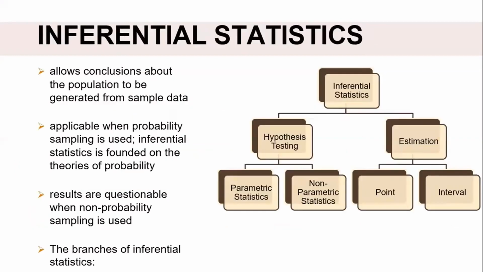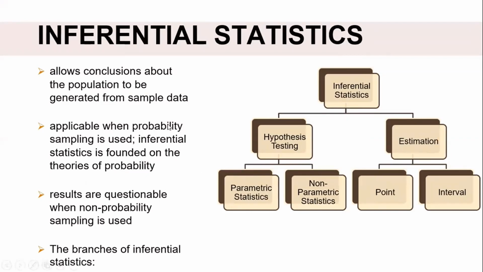What possible inferences, what possible generalizations could be formed out of the data that we have? Speaking about inferential statistics, it allows conclusions about the population to be generated from sample data. It is applicable when probability sampling is used.